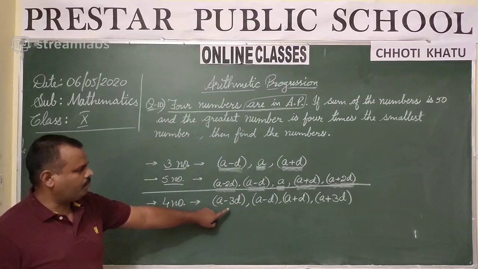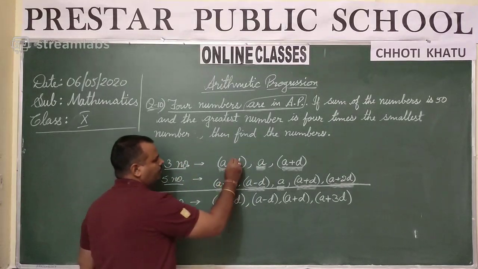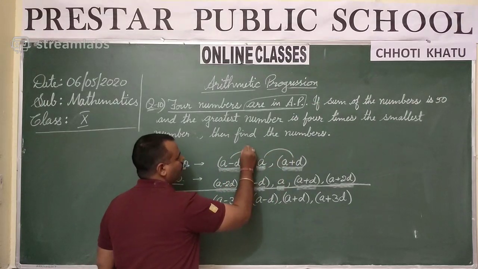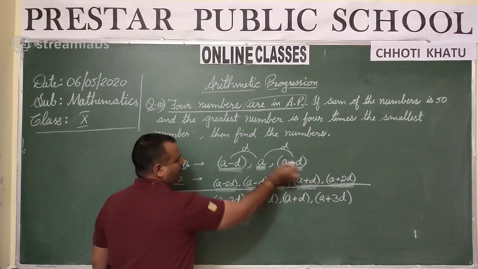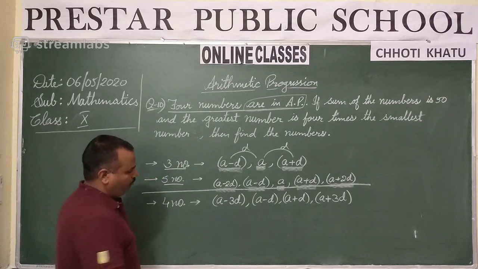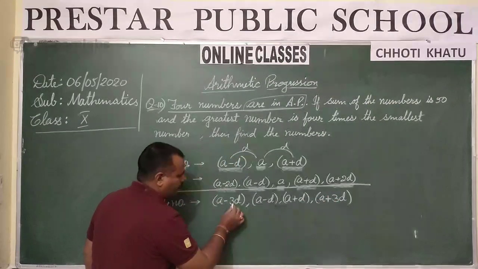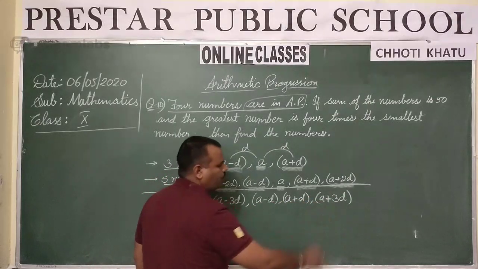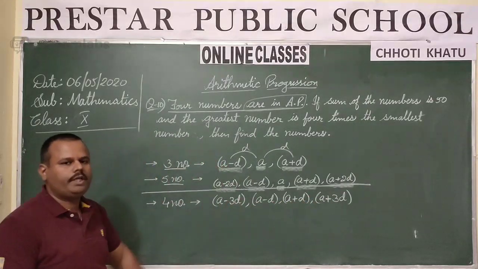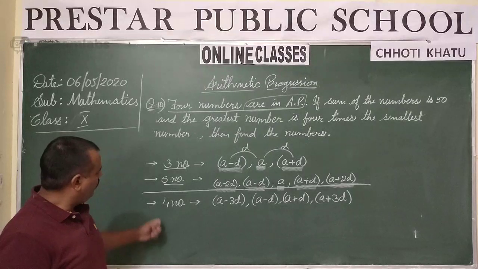If you see here, we took a difference of D in the earlier case, where D is the difference. But here, you can identify it, the difference taken is 2D. We have taken 2D as the difference.